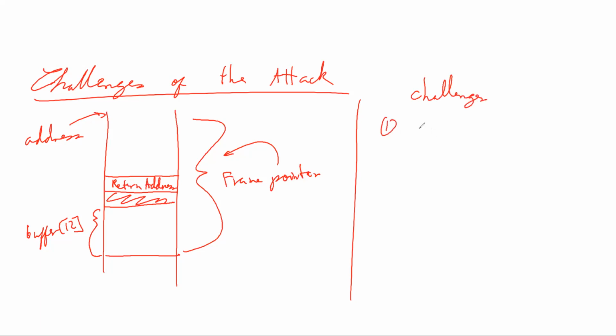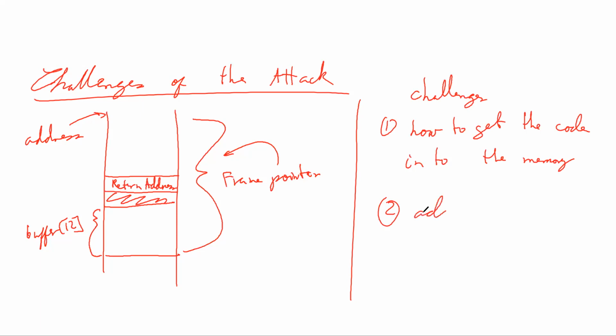Number one, how to get the code into the memory. And the other one is the address. I would argue that getting the address is actually the hardest part. The first one is pretty straightforward because I already showed you.